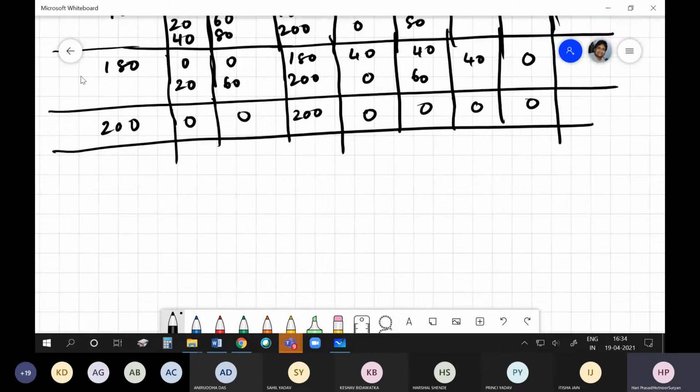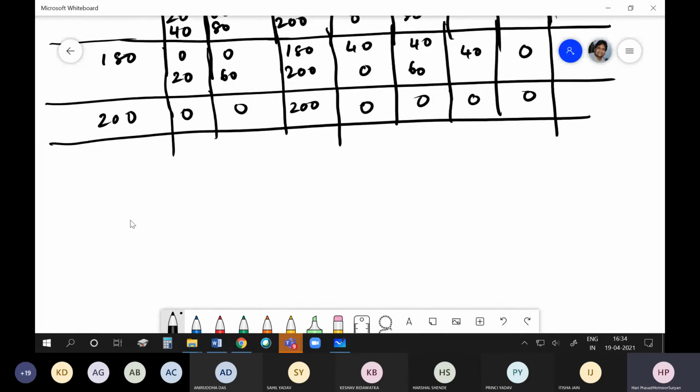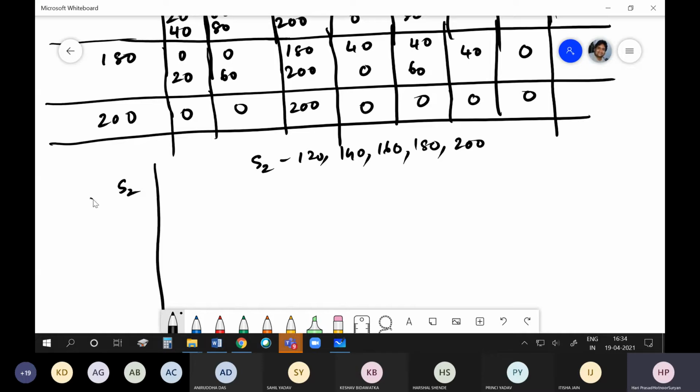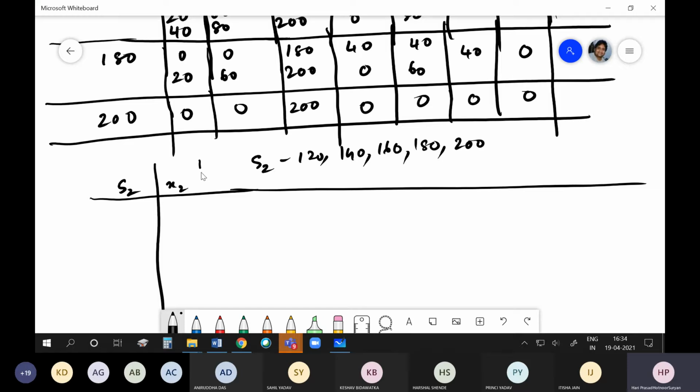What values can S2 take? 120 to 200. 120, 140, 160, 180 and 200. Again you just make a table for S2. You will have X2, okay, C2 of X2.